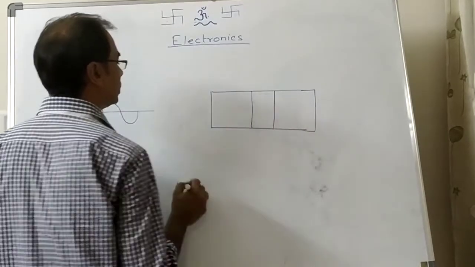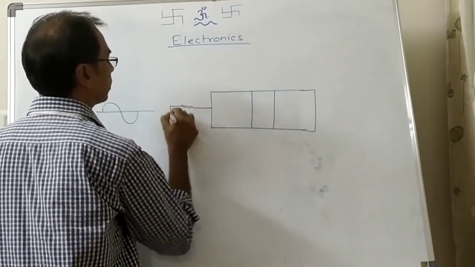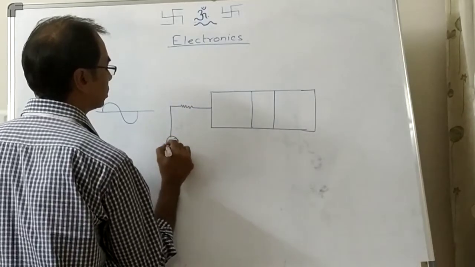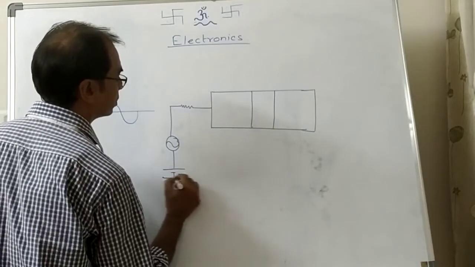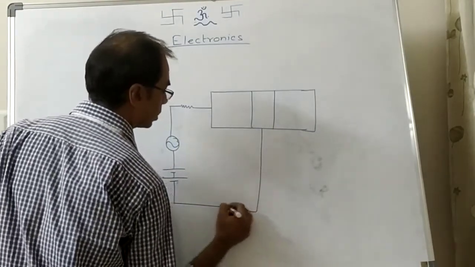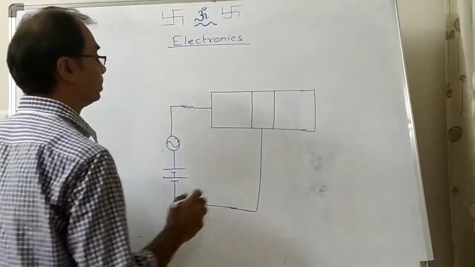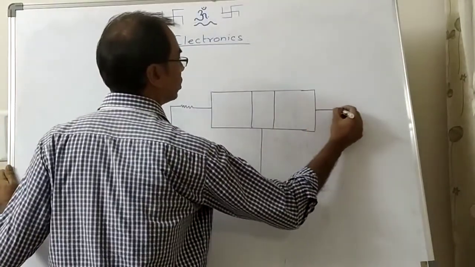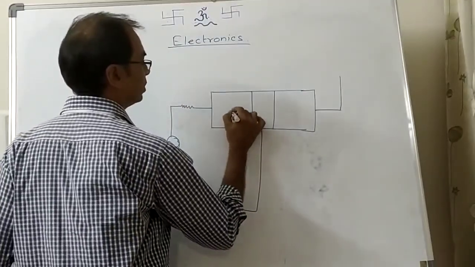This is the emitter for us. Here will be the input, and here is the battery. Then we are connecting this also, and we know that this is in reverse bias. I made it PNP.